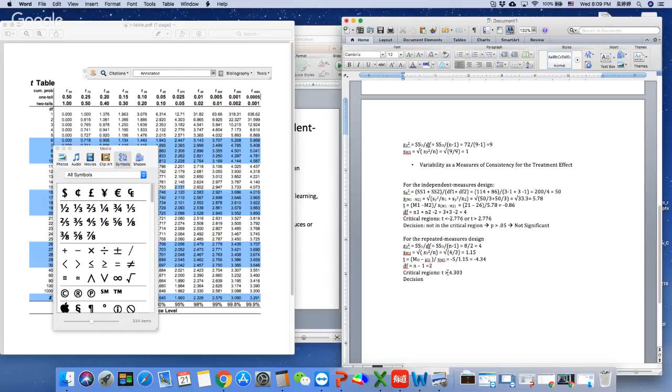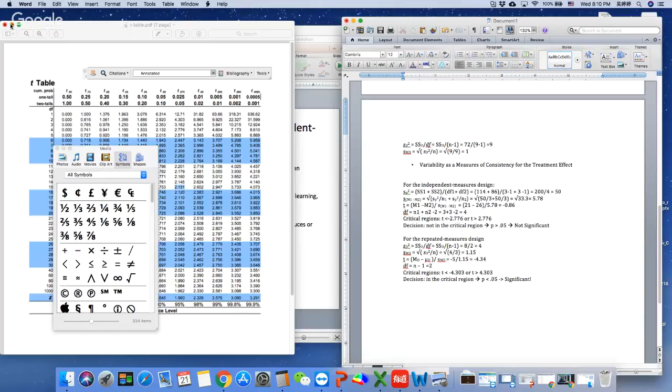So our decision here is, smaller than the negative, or greater than. It is in the critical region. In the critical region, it means P is smaller than 0.05. It means significant.